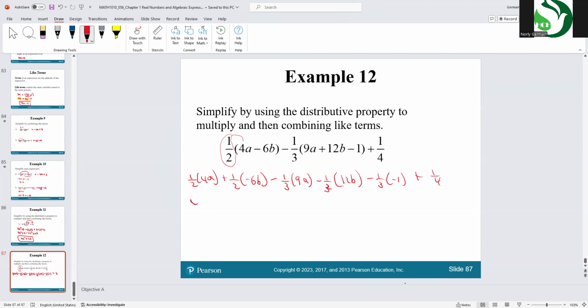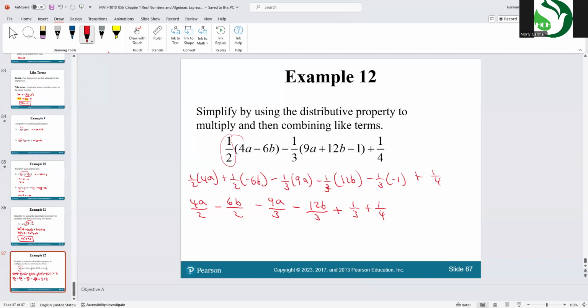We have 4a over 2 plus, one positive, one negative become negative, negative 6b over 2 minus 9a over 3 minus 12b over 3. Two negatives become positive, 1/3 plus 1/4.